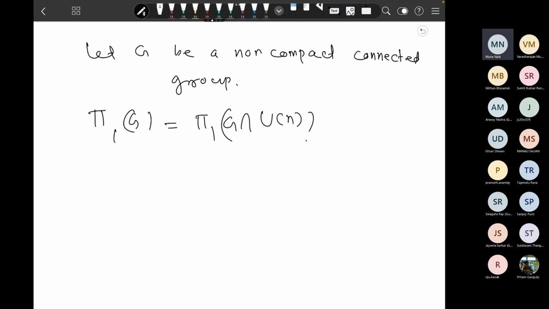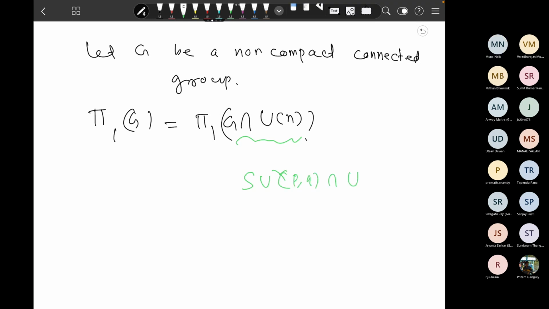We have explicitly calculated G intersection U(N), and it is given in terms of a Cartesian product of some compact connected groups. For instance, for SU(P,Q) intersection U(P+Q), we have given SU(P) times SU(Q) and cross a circle.